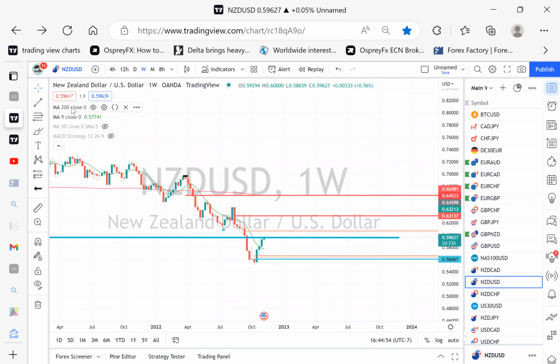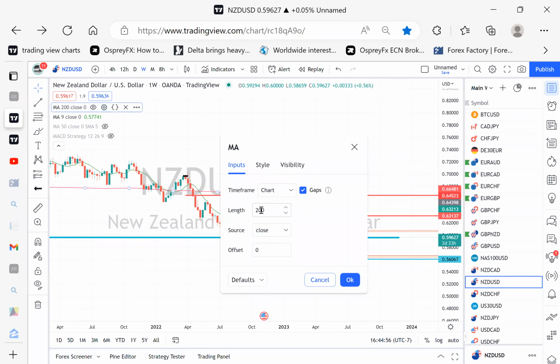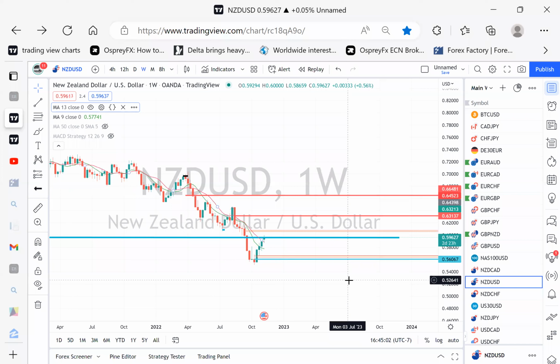What color is the 9 supposed to be? Anyone? What color is the 13 supposed to be? Red.